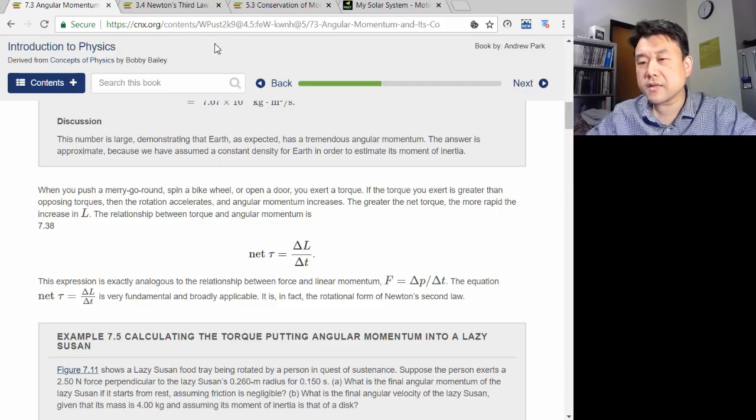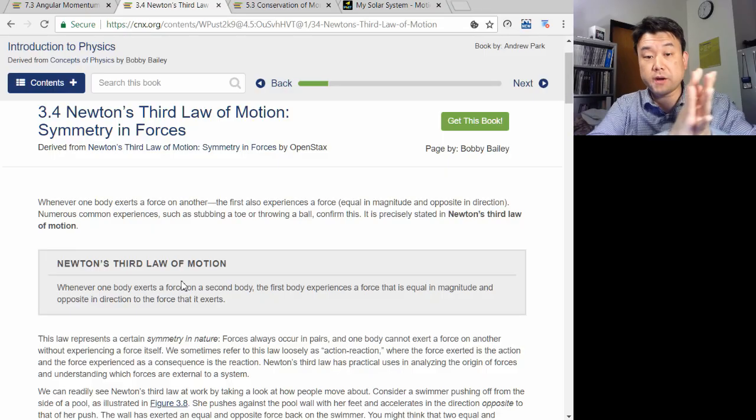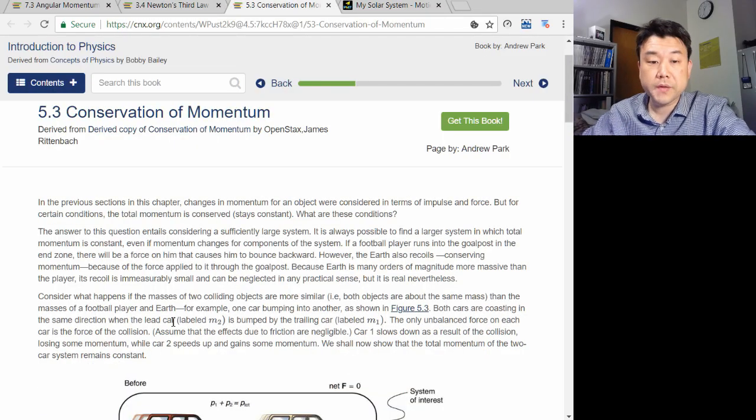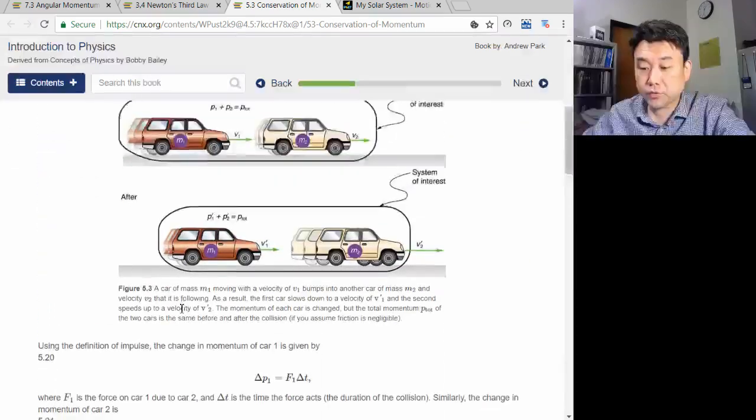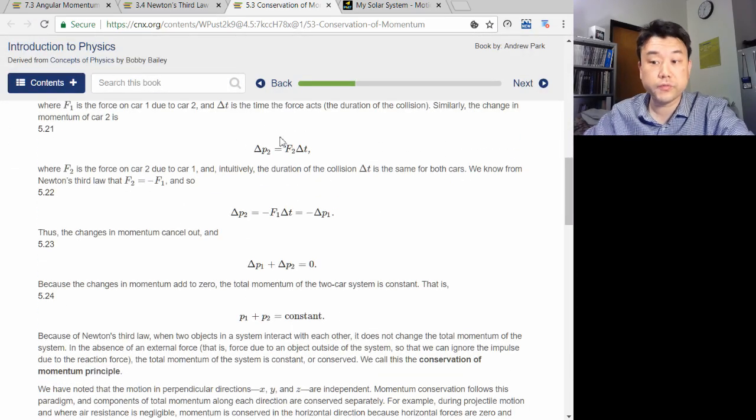And just as force obeyed Newton's third law, when two objects within a system interact with each other, there's no net change in momentum because the impulse due to the action force is cancelled by the impulse due to the reaction force.